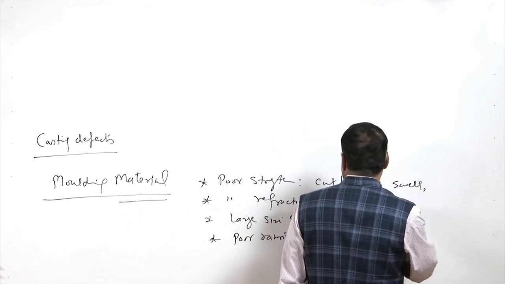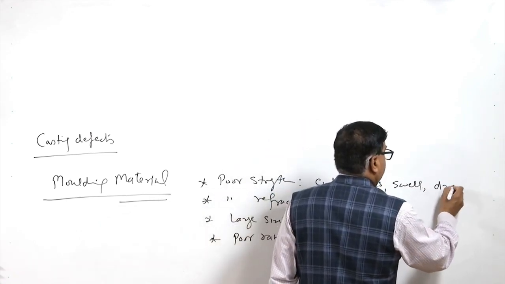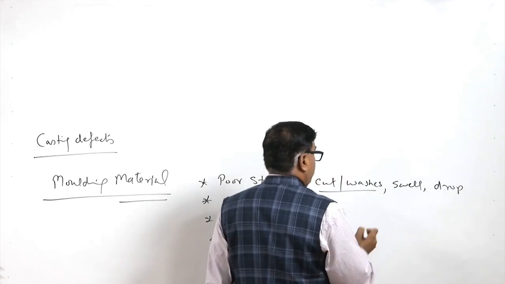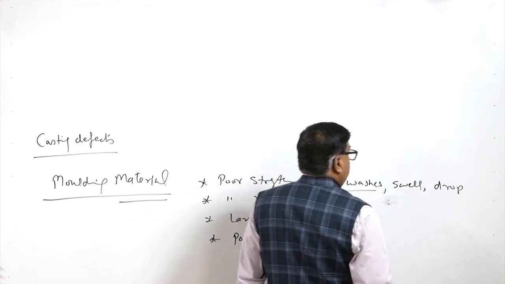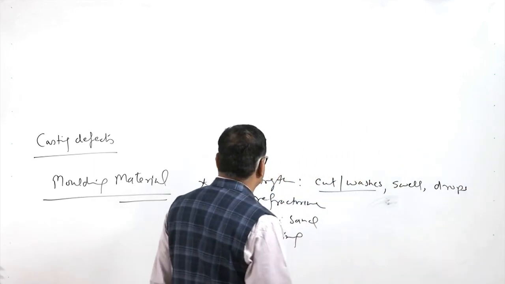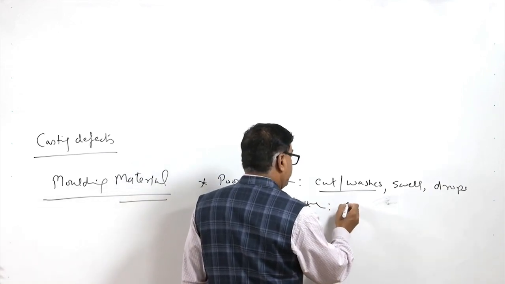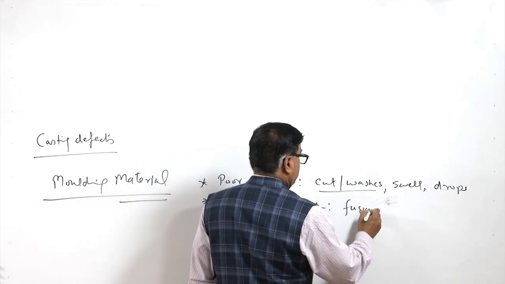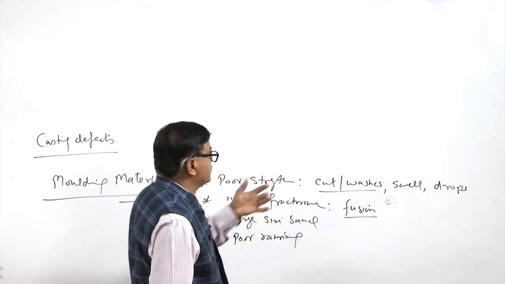And then drop is also one of them, and the rat tails. So, drops is another defect which is caused by the poor molding strength. So, fusion of the sand is due to the poor refractoriness of the molding sand.